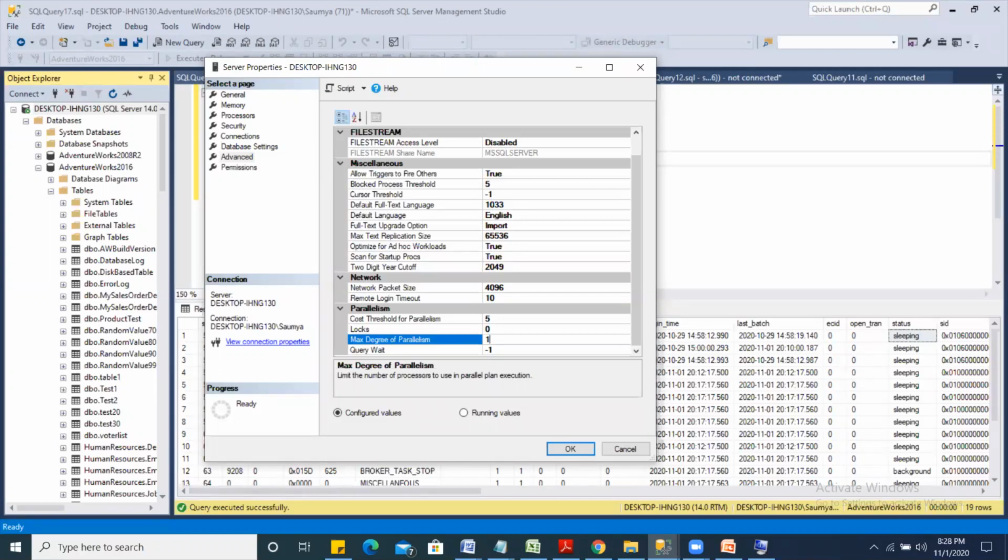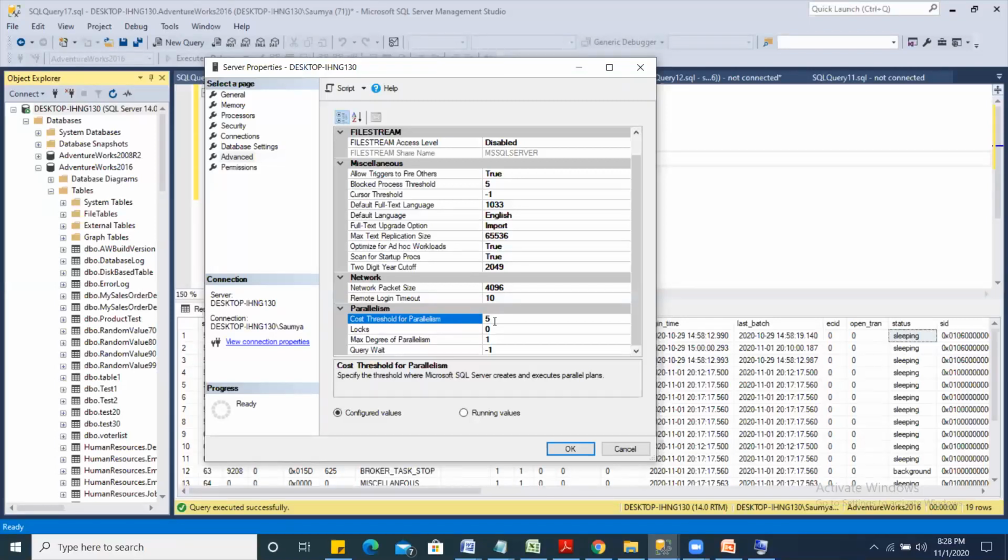It means that if a query plan has been generated, that query plan will always be a serial plan, even though it goes beyond the cost threshold for parallelism value. By default, the cost threshold for parallelism value is 5, which is considered to be low.